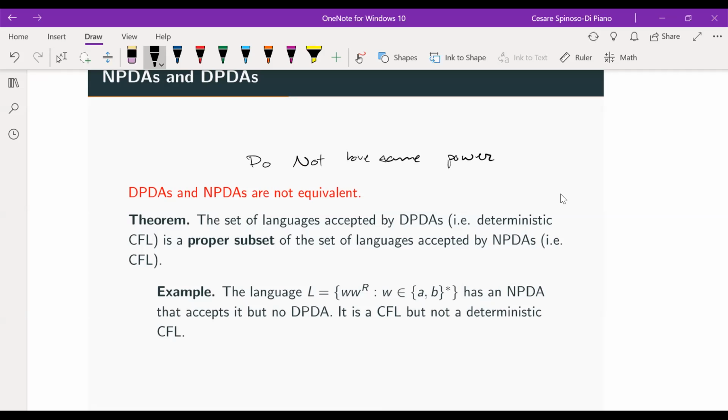The set of languages accepted by DPDAs is a proper subset of the set of languages accepted by the NPDAs. One example is the palindromes. As I said before, for the palindromes, you need to guess the middle. So that's an informal way of saying why it can be accepted by an NPDA, but not by a DPDA.